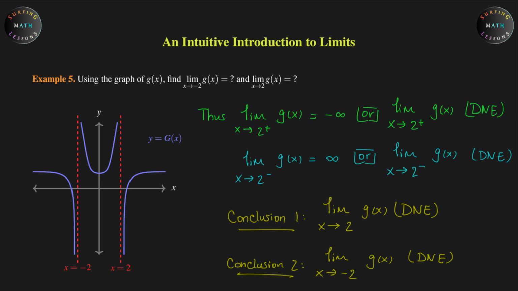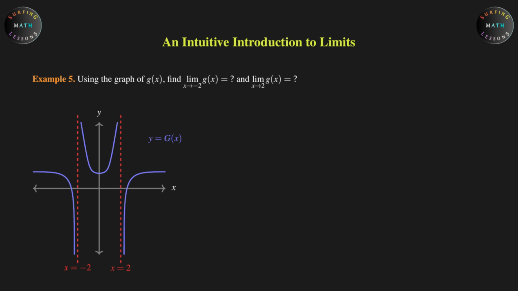This example illustrates that although infinity or minus infinity are not real numbers, they can arise as the limiting behavior of a function. Thus, we need to pay special attention when dealing with infinities. This is a recurring theme in calculus and one we will encounter often.